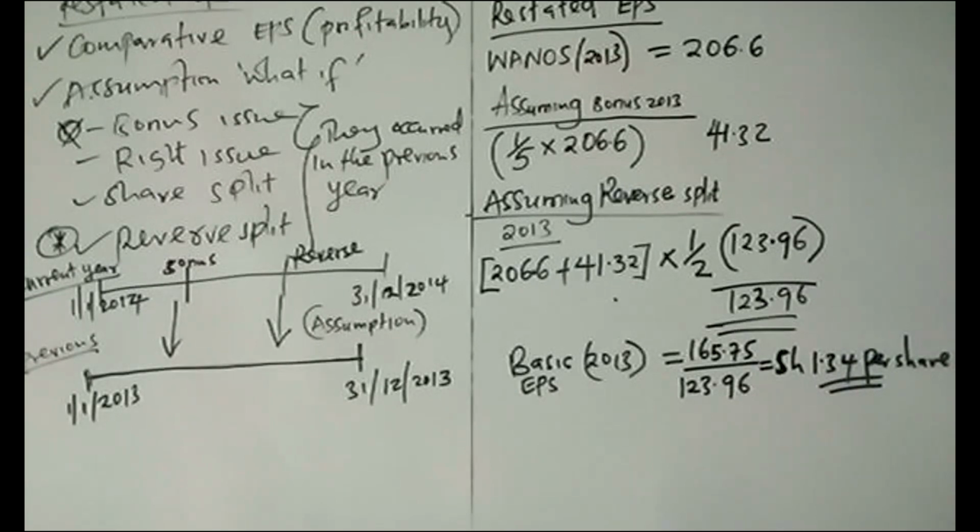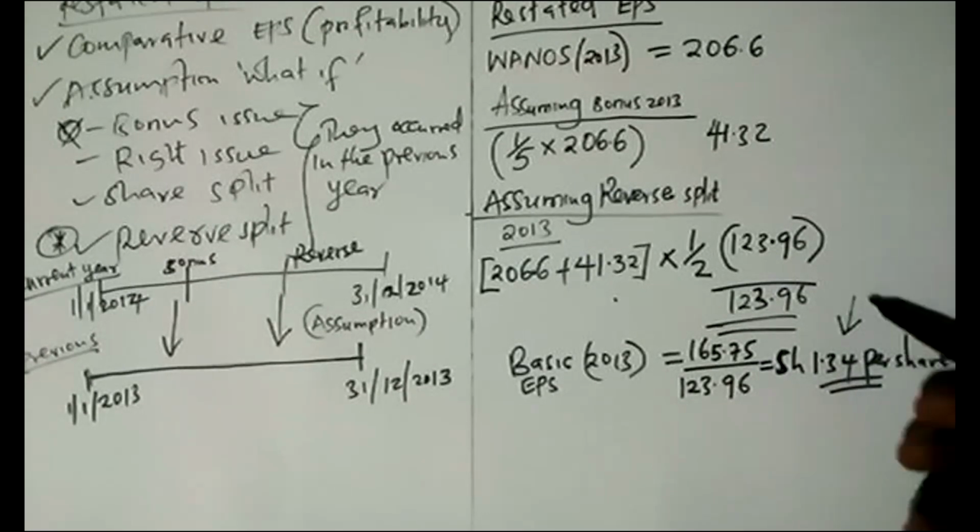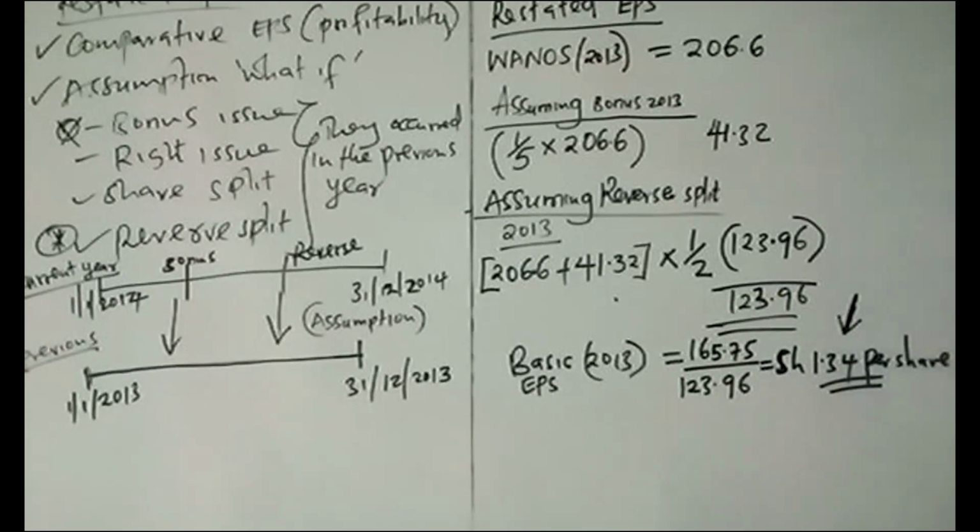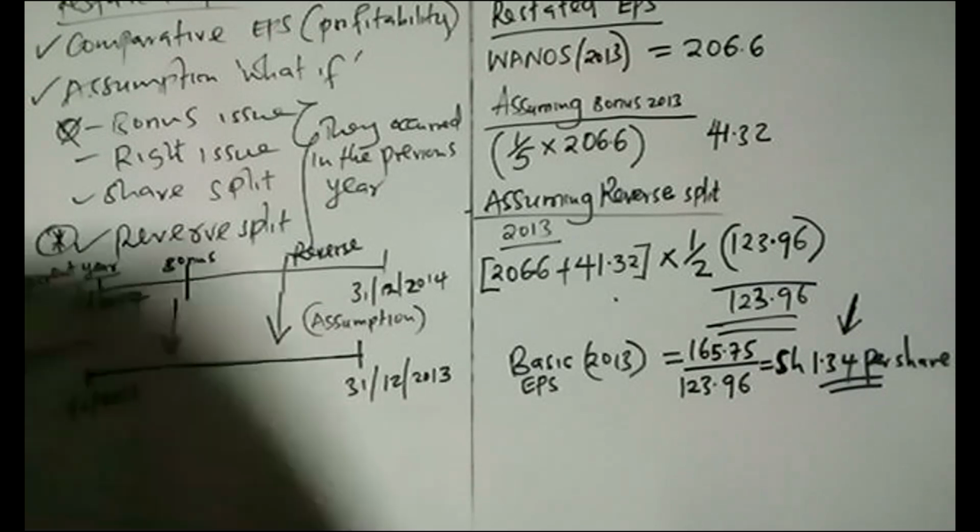So if we compare with 2014, for 2014 our earnings per share was 1.26. Yes, it was 1.26.